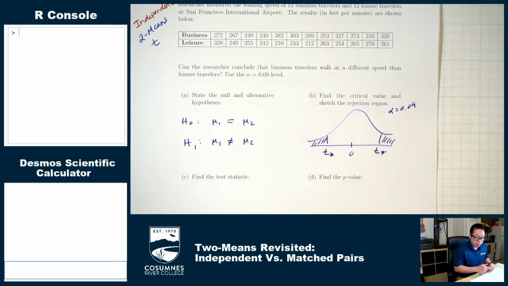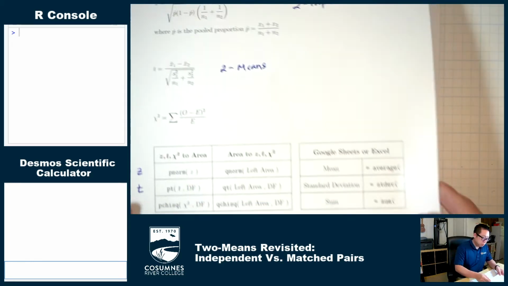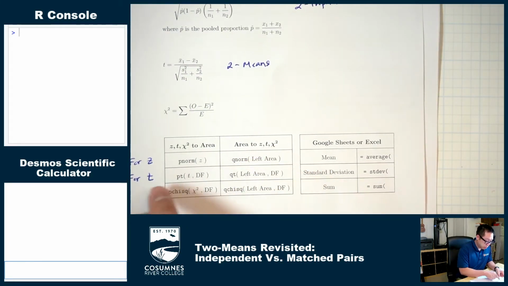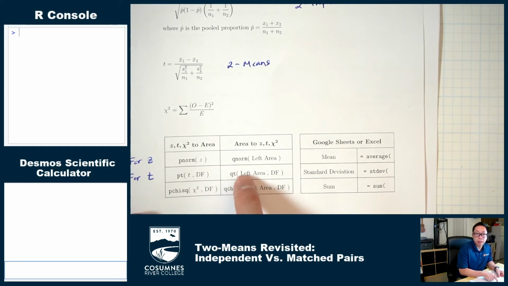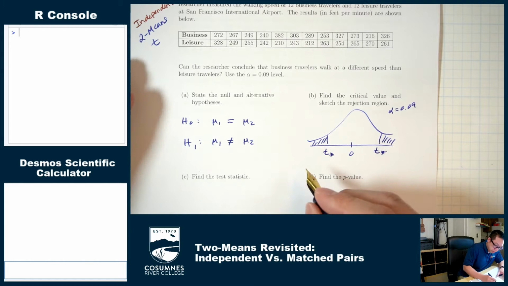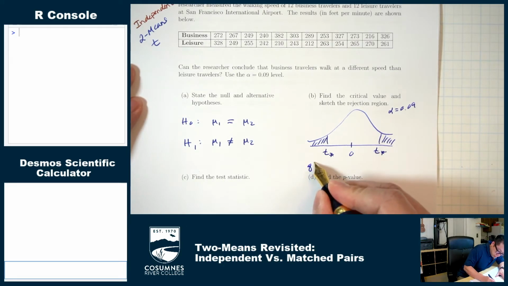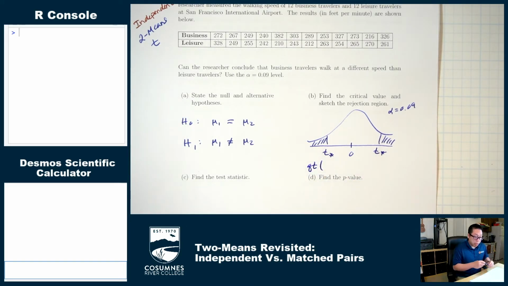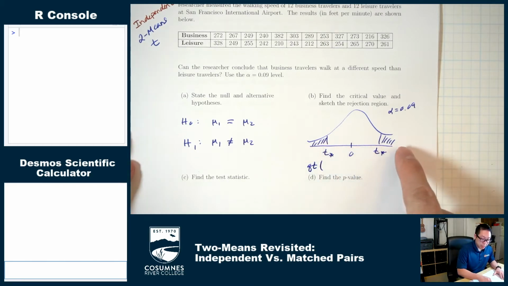And this is really an area to T problem. Area to T for the T situation is going to be a QT, left area, DF. So this is a QT. Left area: left and right together is 0.09.